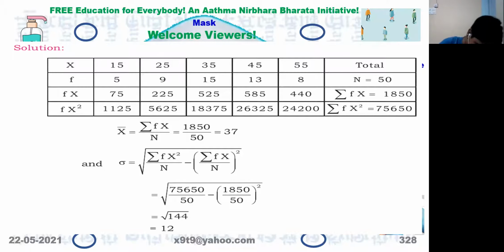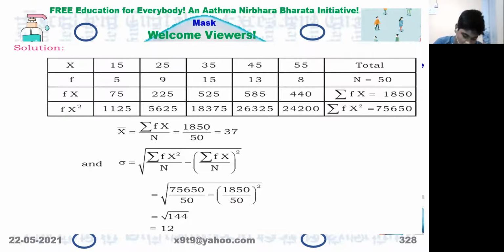What is the first midpoint? 10 plus 20 divided by 2, you have to write. 15.